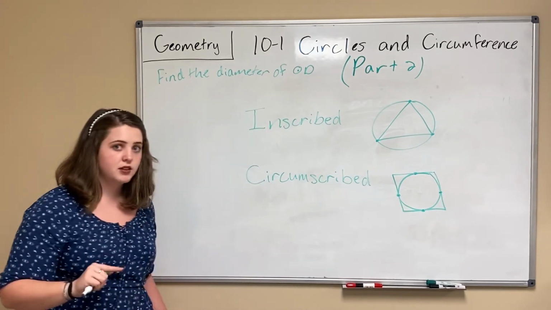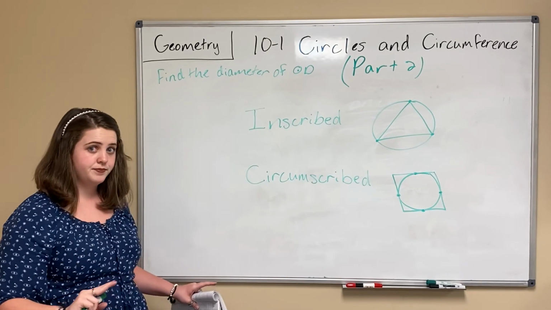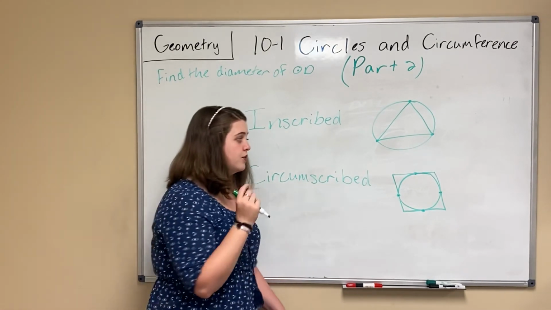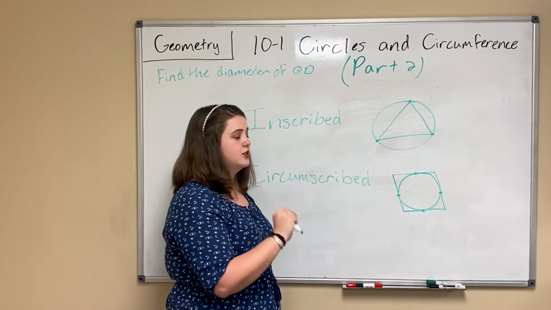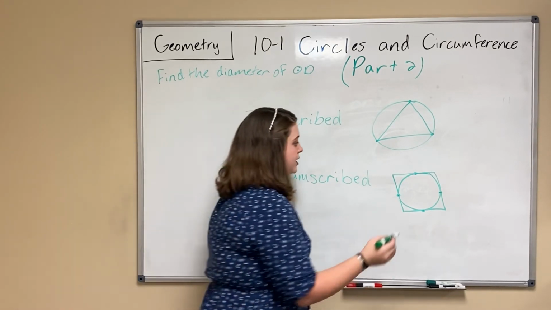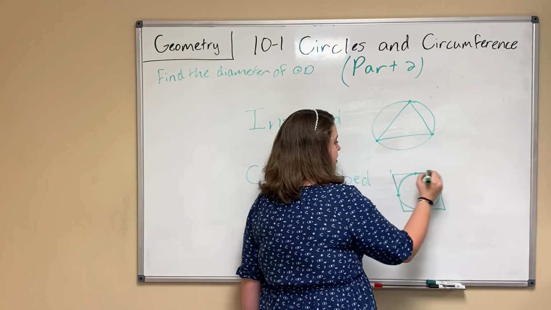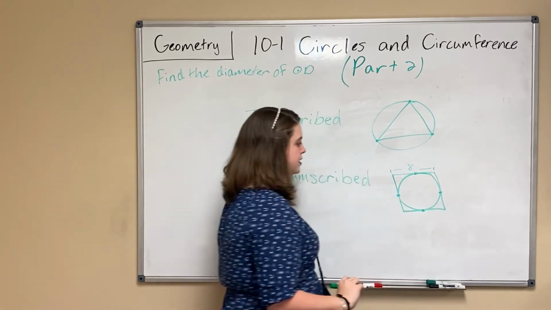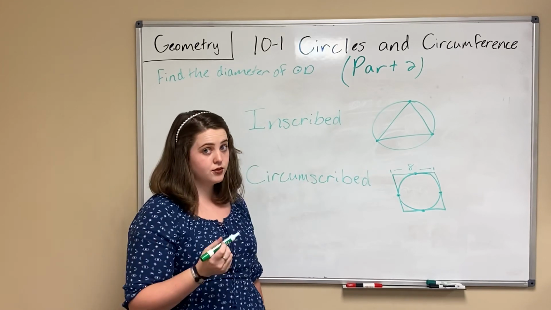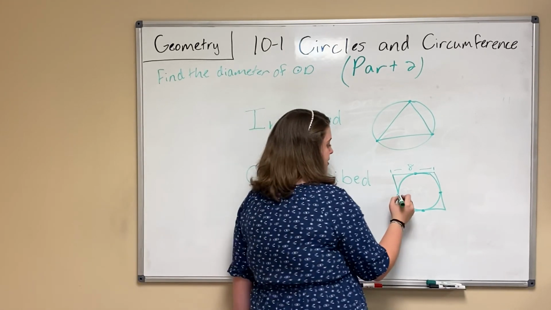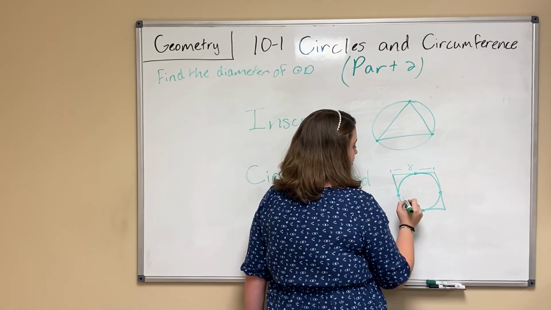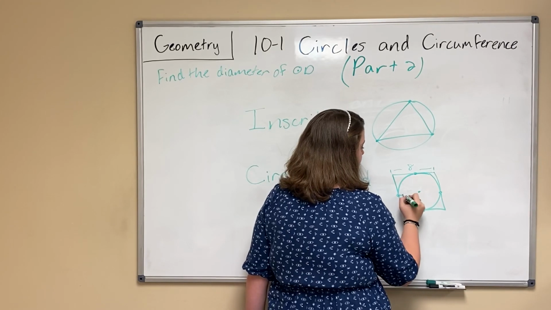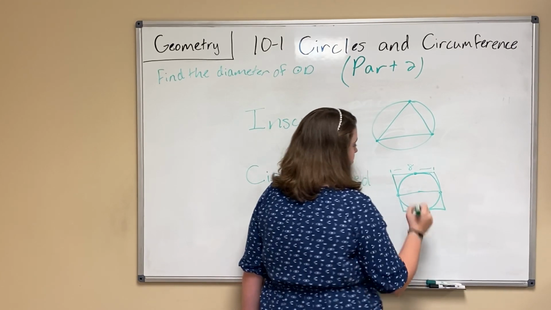What's important is that the points connect. So if you were looking at this circle inside of a square, and I told you that the length of the sides of the square were all 8, what you would also know about this, because the circle intersects here, is that the diameter of this circle is also 8.